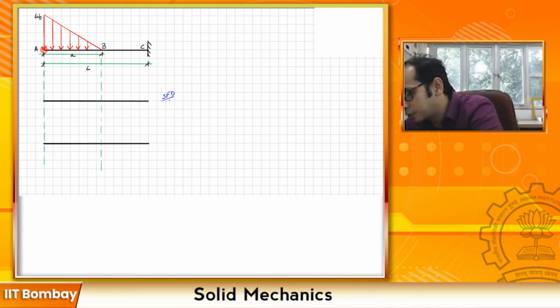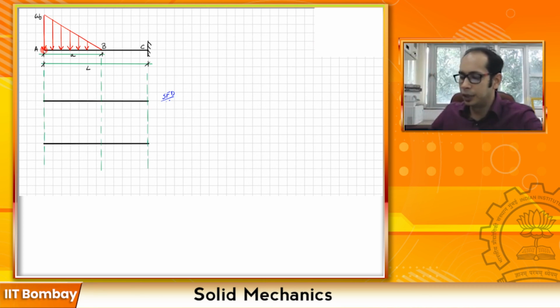So just for a neater diagram, it is often convenient to draw these guidelines. All right, so now that we have the guidelines, for the first beam, let's mark the points as well. So this is my A, here is my B, and here is my C.